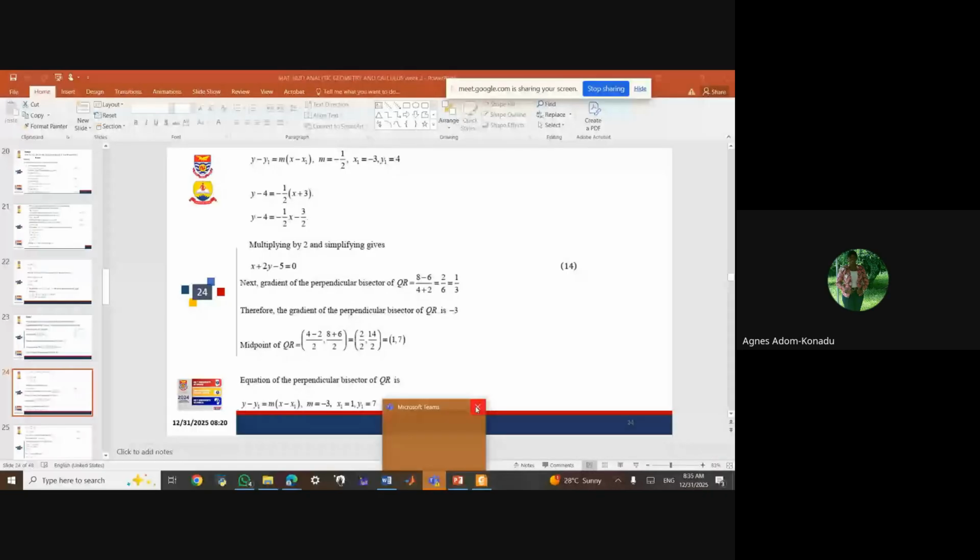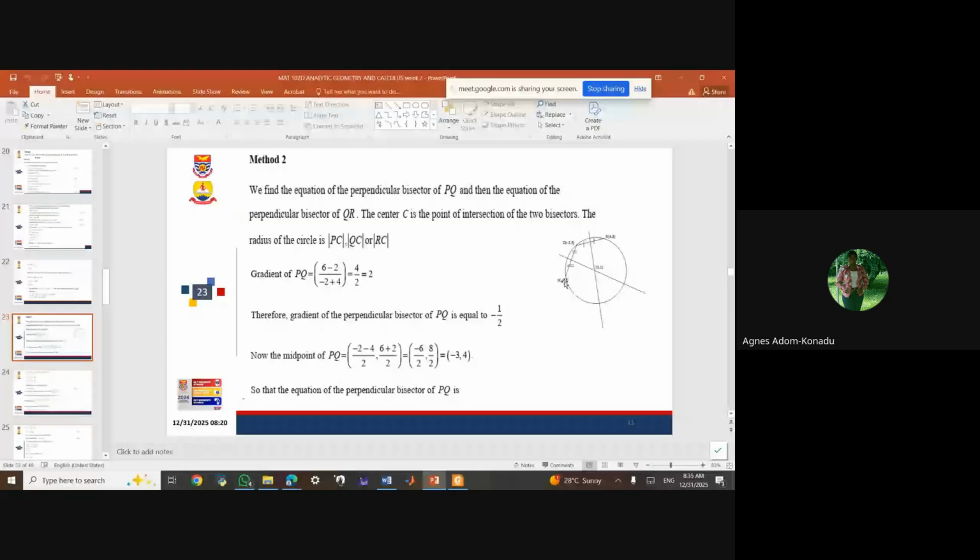Okay. So my equation will be y minus 4 is equal to minus 1 on 2 into x plus 3. Then you play around, you're going to get x plus 2y minus 5 equal to 0. That is for the perpendicular bisector for P and Q. I have to find the perpendicular bisector for Q and R. So I have to find the slope for QR.